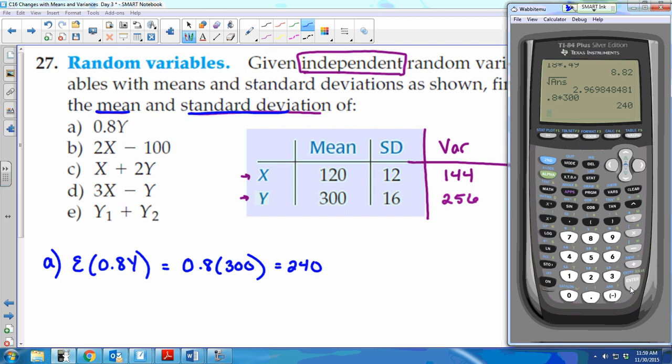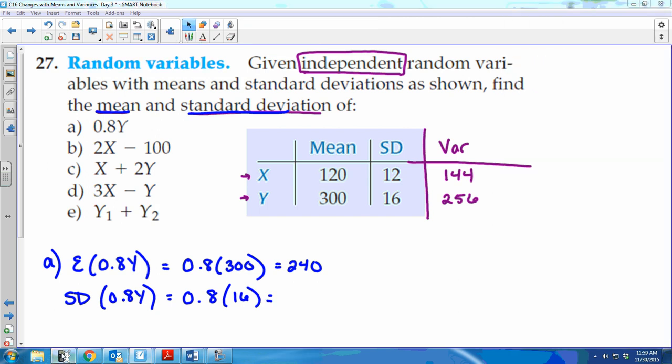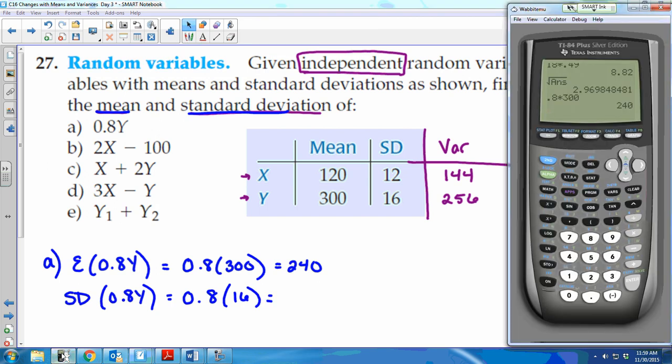Questions about how I found that expected value? You just do what it says. For the standard deviation, if you're just multiplying, you can do that. So we just do 0.8 times the standard deviation of y. That's allowed. So we get 12.8.